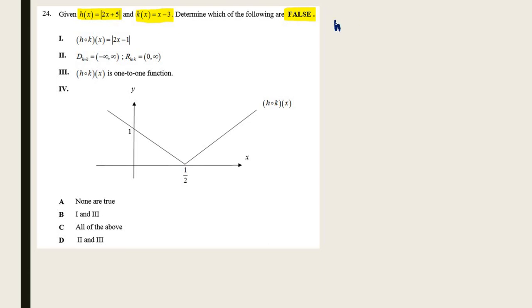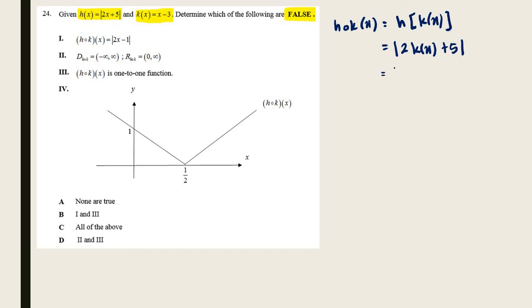So h composite k of x is equals to, when you substitute the function of kx into your h function, modulus of 2kx plus 5.